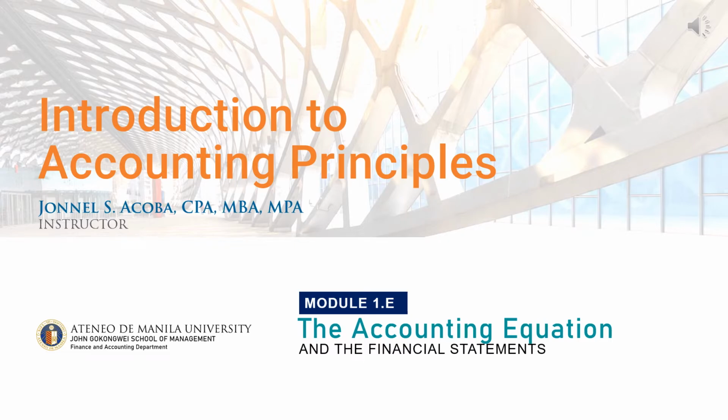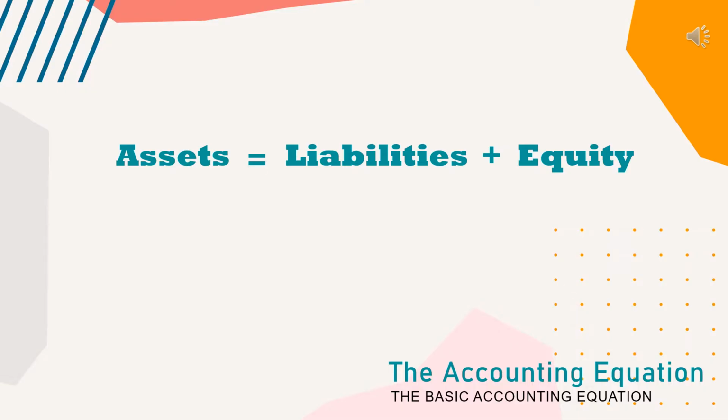So let's start. The basic accounting equation is represented by this formula. Assets is equal to the sum of the liabilities and equity. In accounting, the effect of every business transaction is analyzed keeping in mind that when recording each transaction, the equation should be kept in balance.